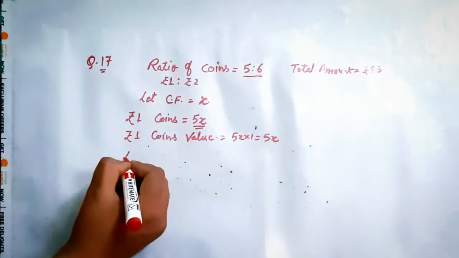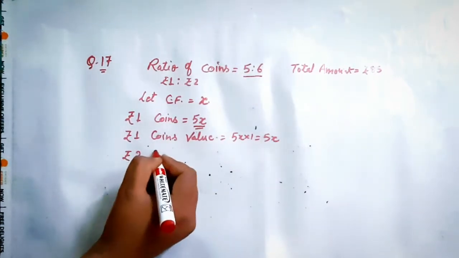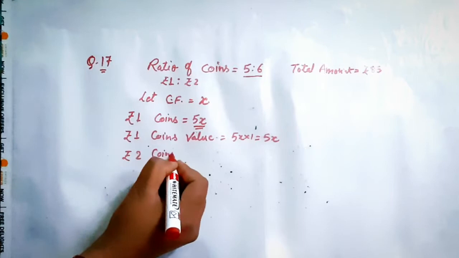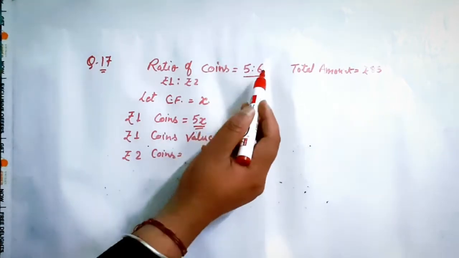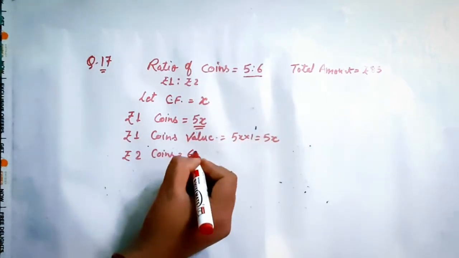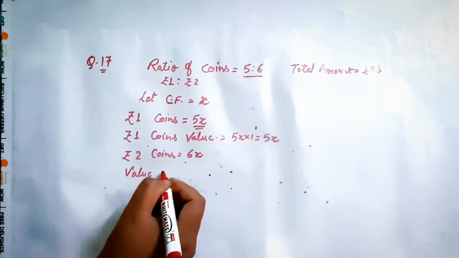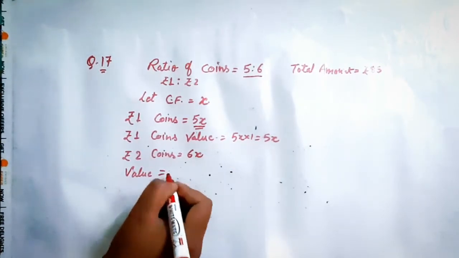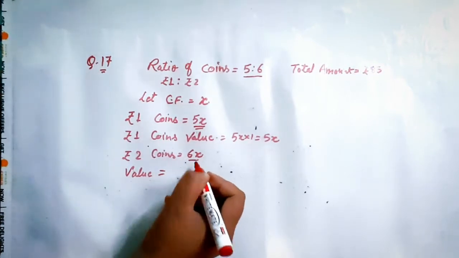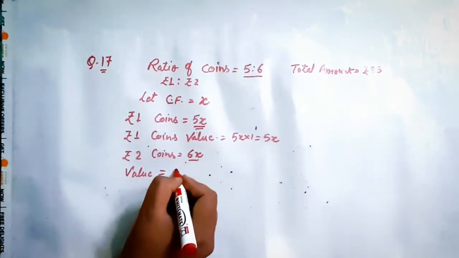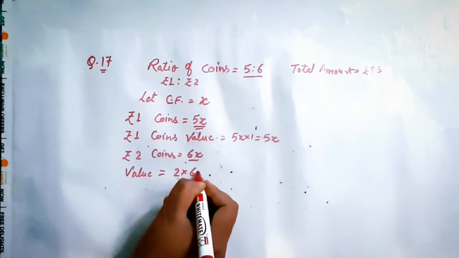Same, rupees 2 coins are given equal to 6 into x, that is 6x. What will be their value? Rupees 2 coins are 6x, so their value will be 2 multiplied by 6x.